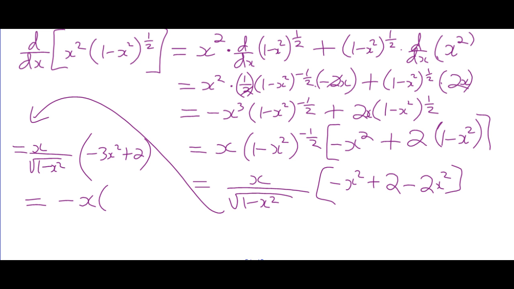So negative x, 3x squared minus 2. There. Okay, so negative x, 3x squared minus 2 over the root of 1 minus x squared. All right, we're 9/12 of the way there.